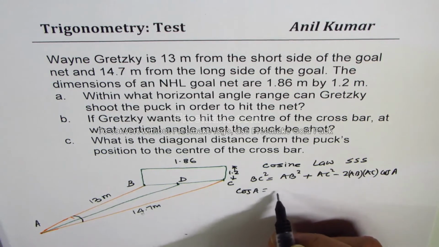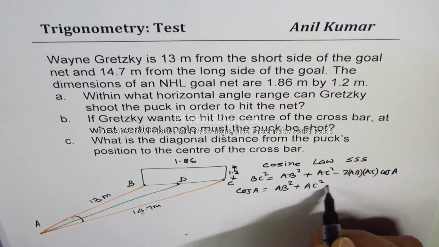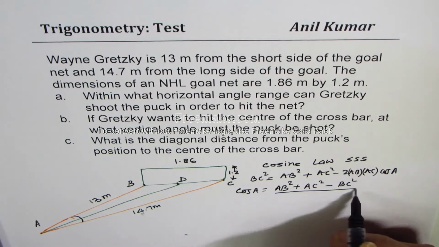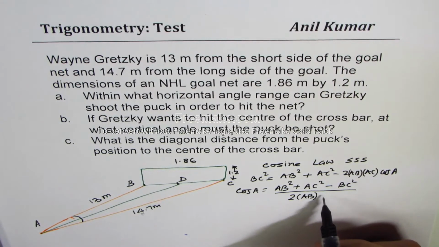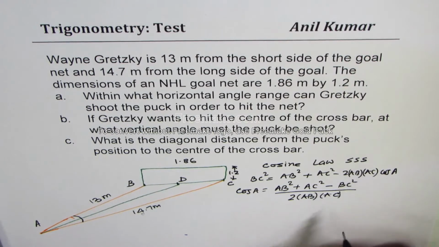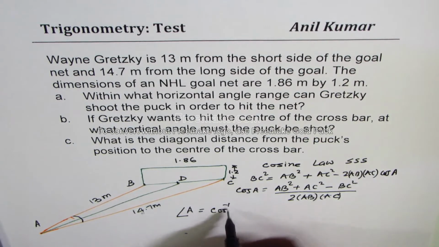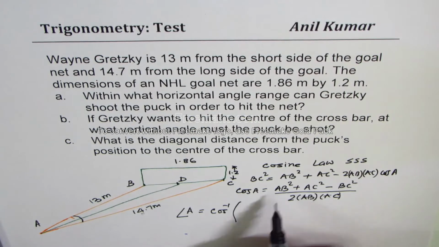We'll bring it this side and we'll say cos A is equal to AB square plus AC square minus BC square divided by 2 AB AC, and so angle A is equal to cos inverse of all this. Let me put the values now.